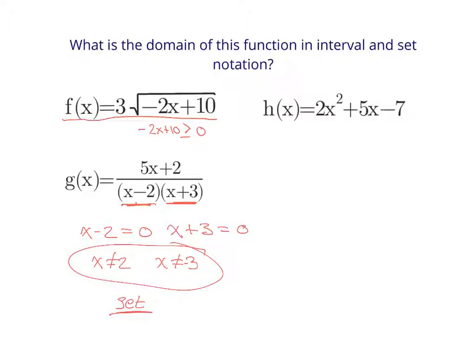Then finally, in this kind of problem, I'm just going to point out something. Usually also, like I told you guys, with the square root, you think to yourself, okay, I can only take the square root of positive numbers or 0. And with this, you cannot divide by 0.